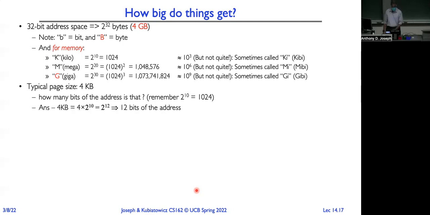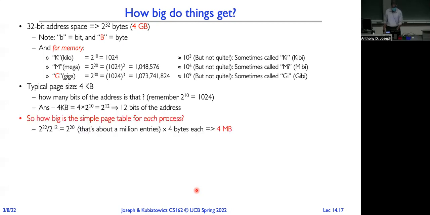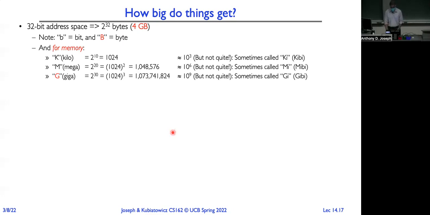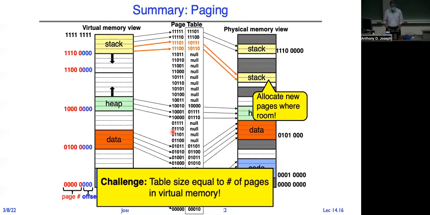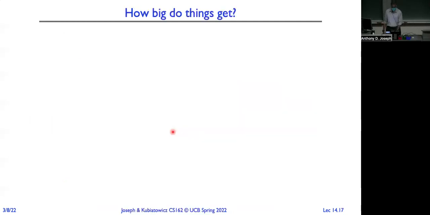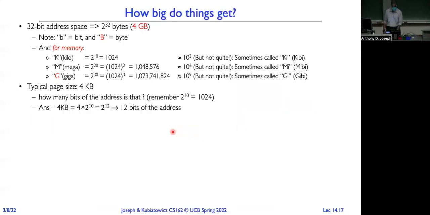We end up with 20. So those 20 bits translate into a page table, each entry of which is about a word. So we're going to have 4 megabytes for our page table. So 4 megabytes of physical memory where, again, if we look back here, it's mostly empty. So that's not very efficient, right?